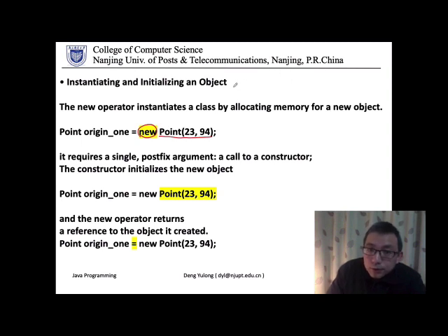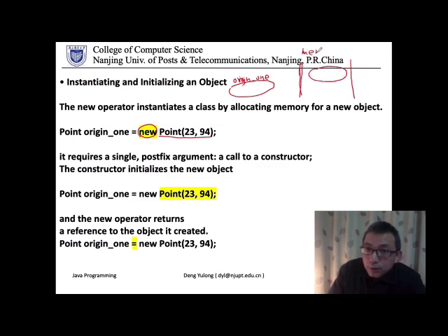The first step, we define a reference variable named origin_1. And then the next step, we use the keyword new. Once we use the keyword, we create an object inside the memory.